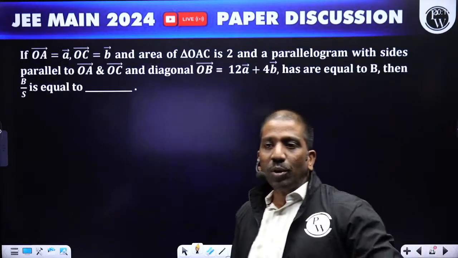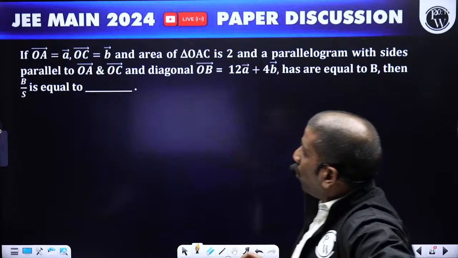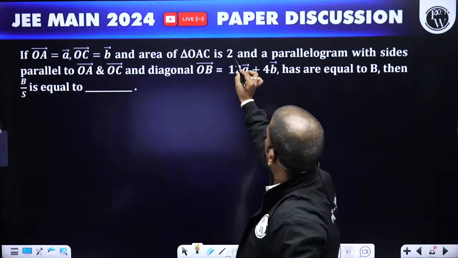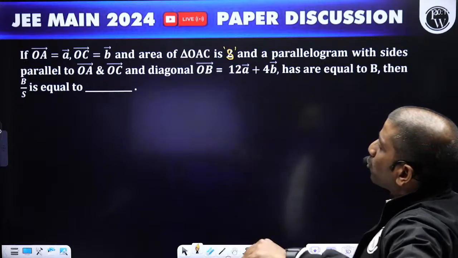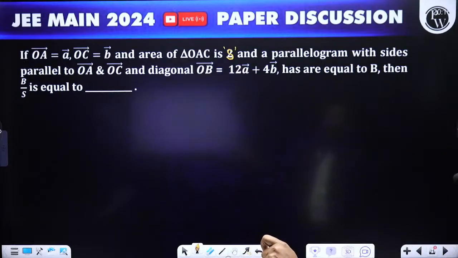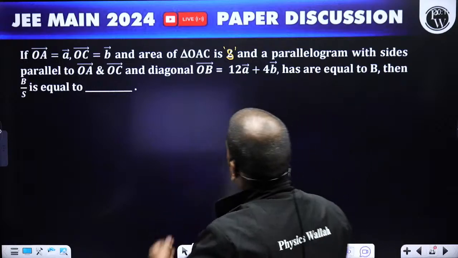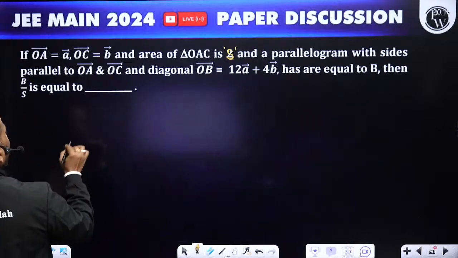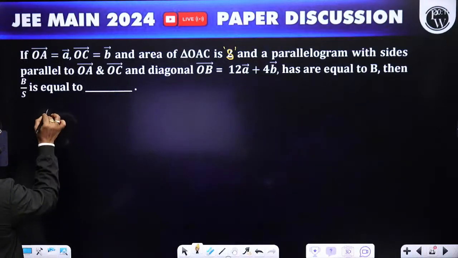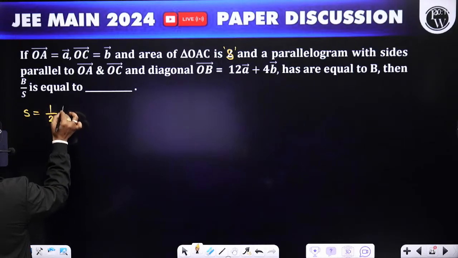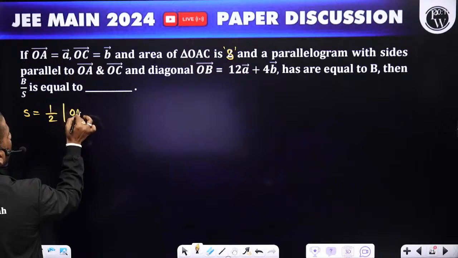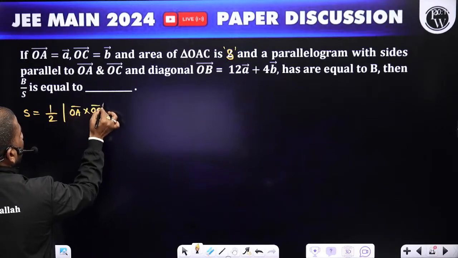Next, again a beautiful question. OA is A, OC is equal to B, and area of triangle OAC is S. When we have area of triangle OAC, area is equal to half of OA bar cross OC bar.